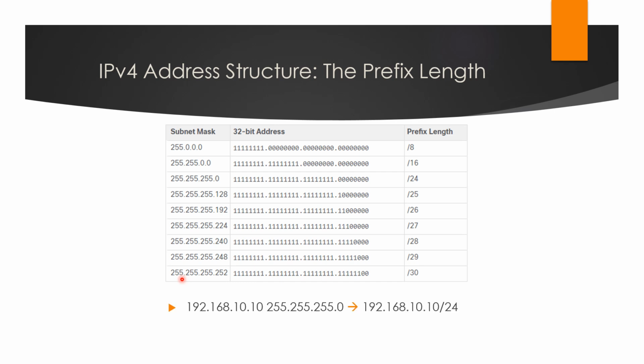For example, if we want to write 192.168.10.10 with the subnet mask 255.255.255.0, it will be written as 192.168.10.10/24. Various prefix lengths can be discussed in other materials and slides, but for now, we will focus on /24. So we will focus on this subnet mask.